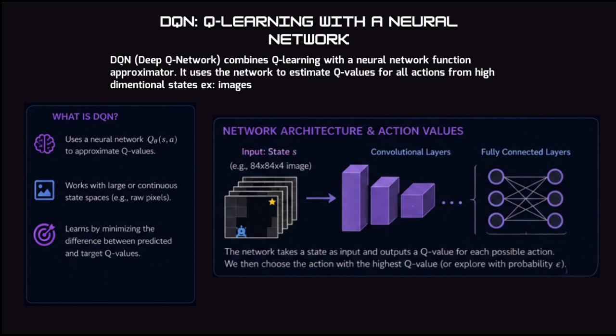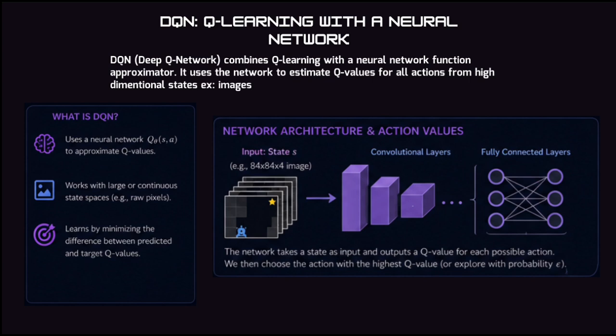A neural network can take the image as input, process visual patterns, and output a value estimate for each possible action, such as a CNN. The DQN network usually outputs multiple action values at once.